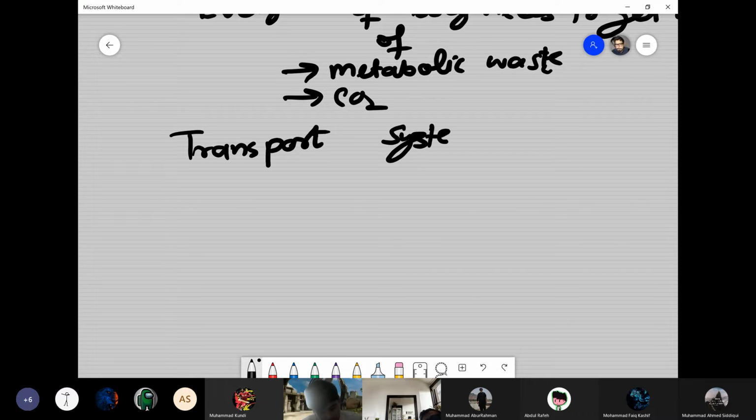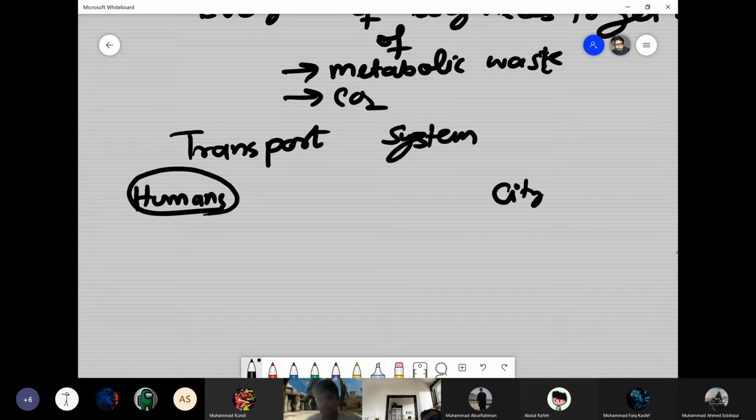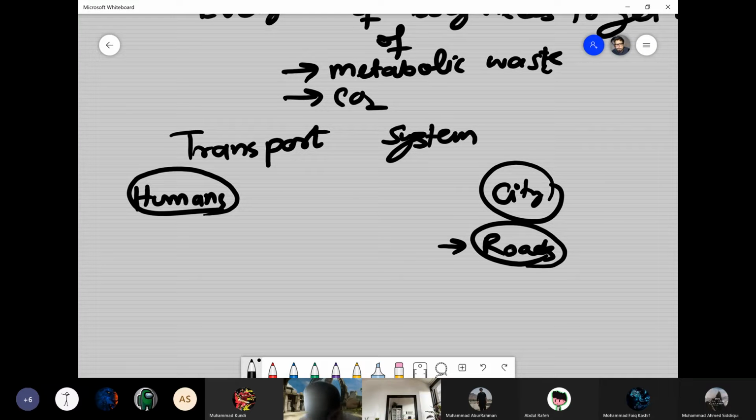Now, the transport system of, let's take the example of humans and a city. They resemble each other. Now, in this city, they have roads for the transport of materials.